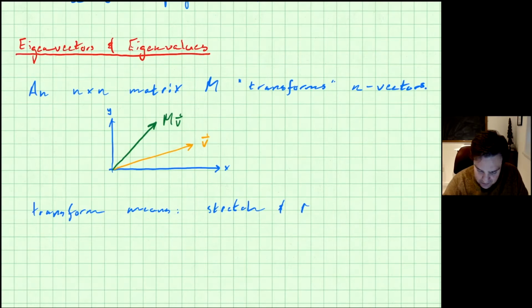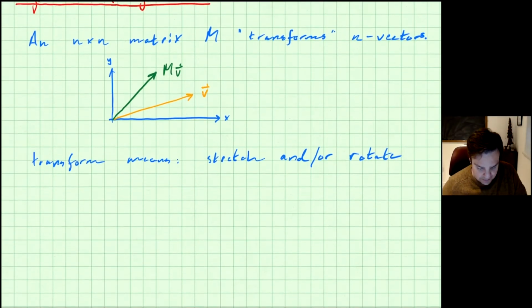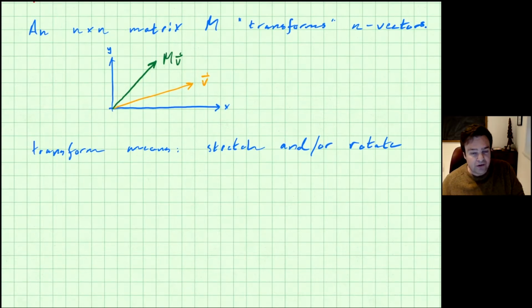It can do both. So that's what a matrix does to a vector. It moves it or makes it into some new vector when you multiply it.